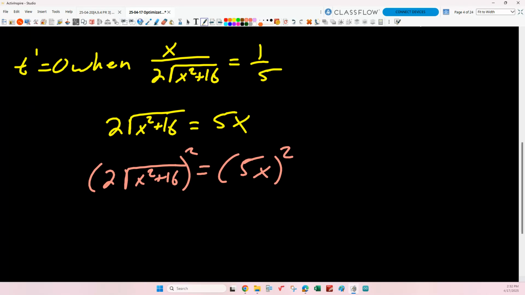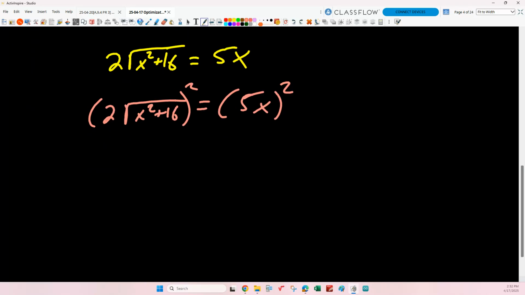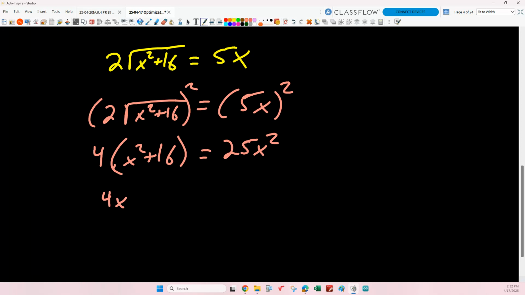What do I get on the left side? Okay, so then I just get 4x squared plus 64 equals 25x squared.